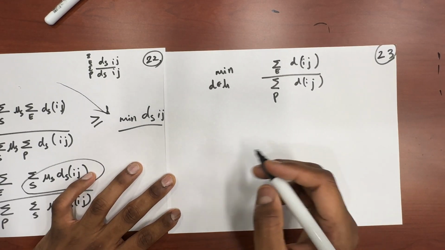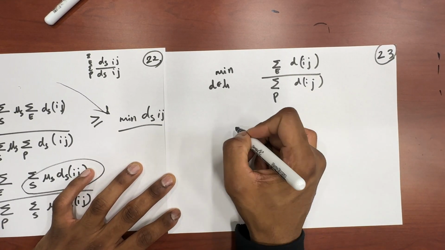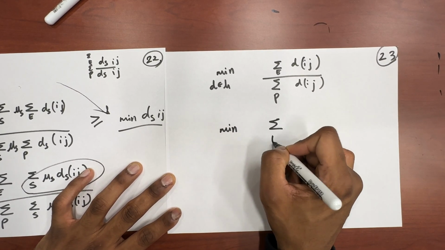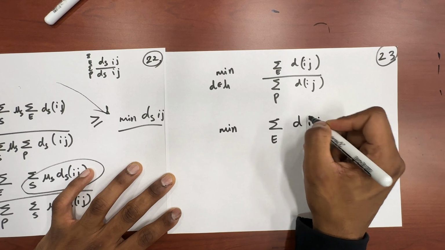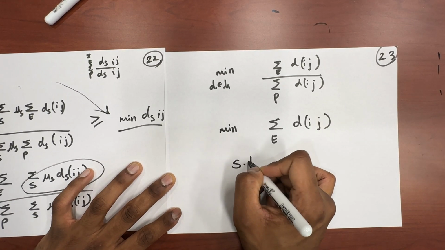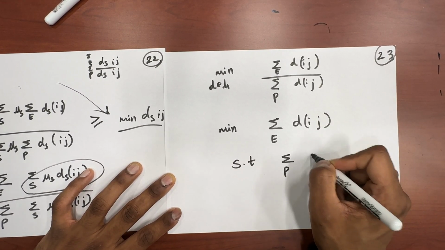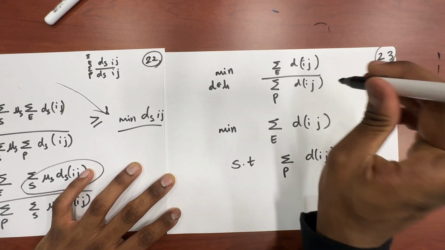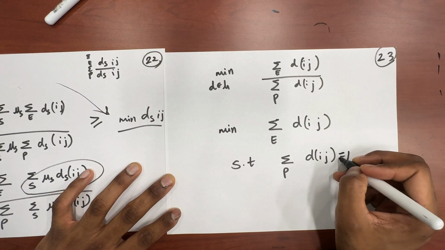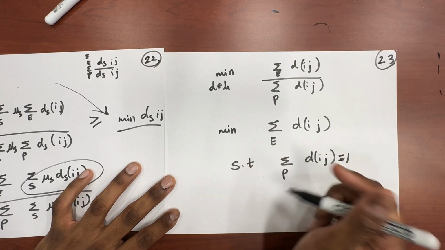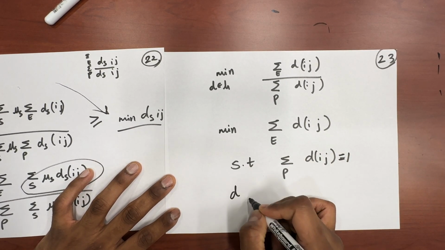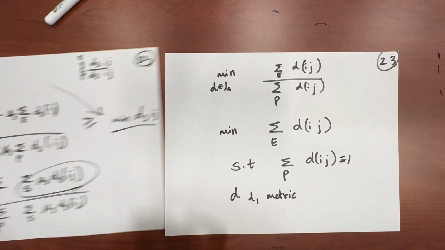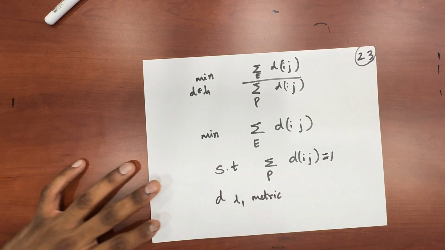So for the optimization, I can set this: find the minimizer over all edges, Dij, subject to the sum over all pairs, Dij, equal to 1. Basically, I set the denominator to be equal to 1. I force it to be 1. And then I have to minimize this, and D is an L1 metric.